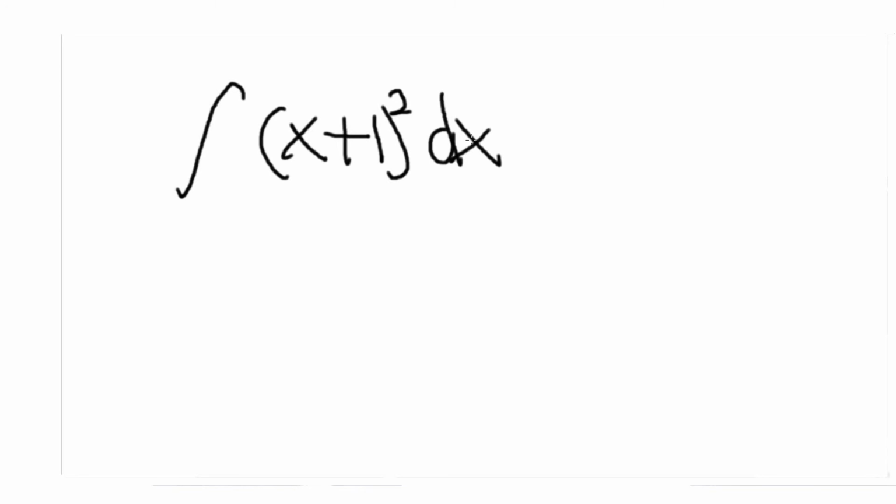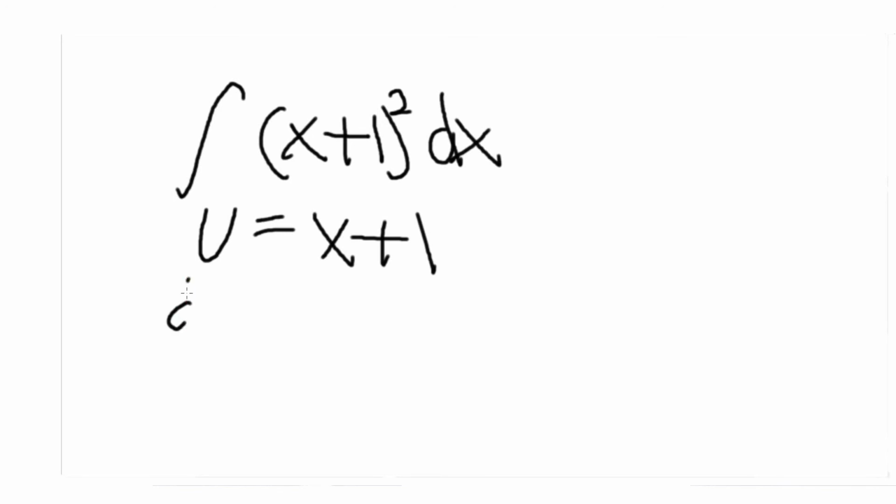In this case, when a polynomial or a trigonometric function is being squared or has a power, you will need the U substitution. The U substitution is basically you let u equal x plus 1, which is the part inside the power, and then you differentiate both sides. Notice we are going to differentiate, not integrate.